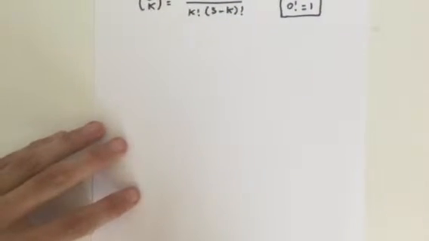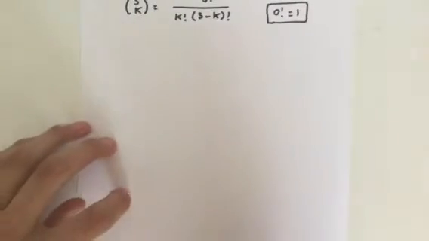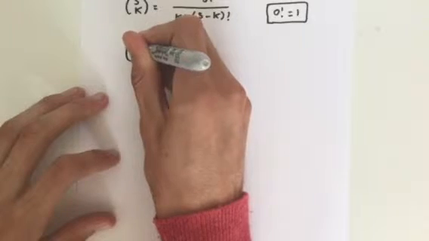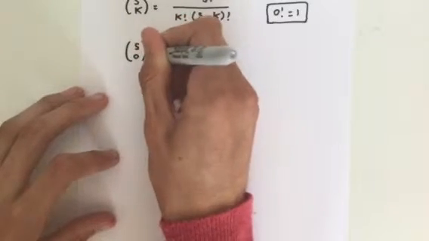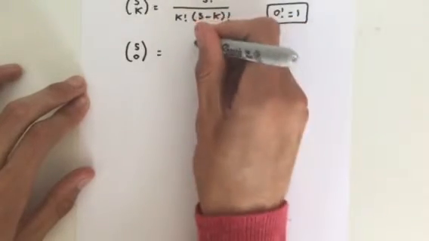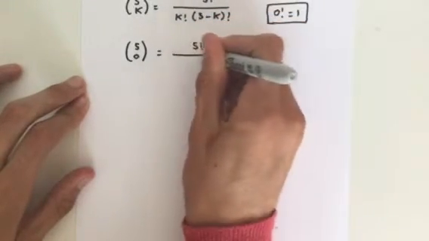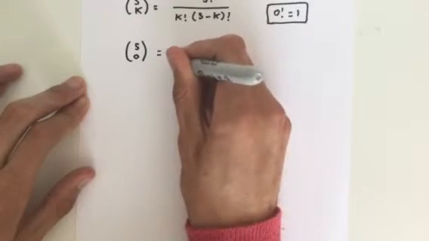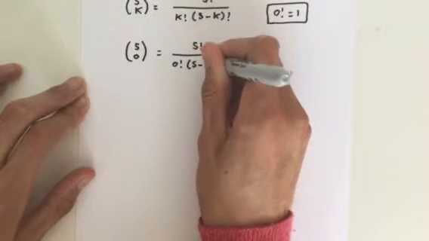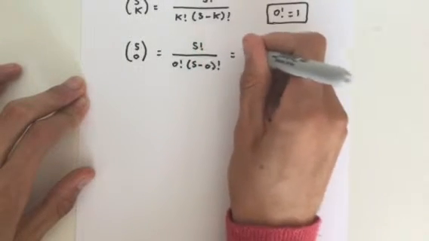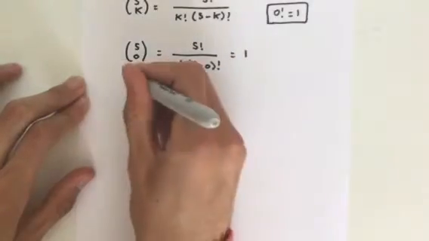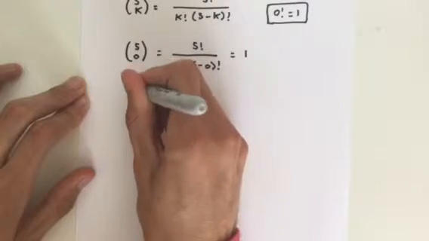So let's do that. First of all, 5 choose 0 because k starts at 0. This is going to equal 5 factorial divided by 0 factorial times 5 minus 0 factorial, and this is equal to 1. So 5 choose 0 is equal to 1. Now we do 5 choose 1.